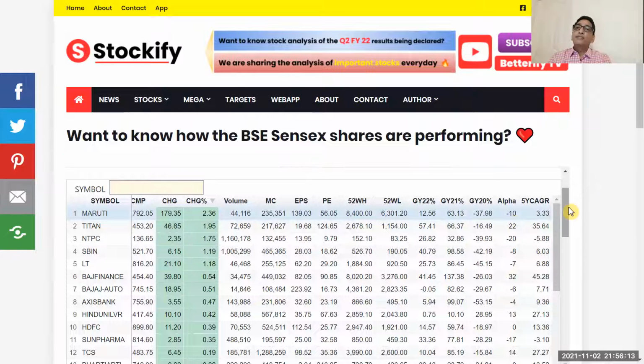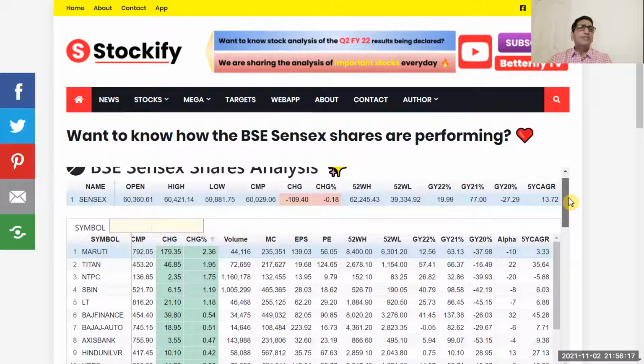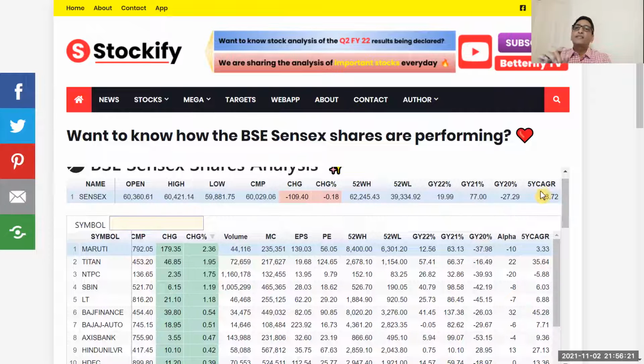Since we are talking about BSE 30, the benchmark index for BSE 30 is the Sensex. So the Sensex benchmark rate is 13.72%. So whatever increment or decrement that particular stock is giving over that benchmark rate is the alpha.